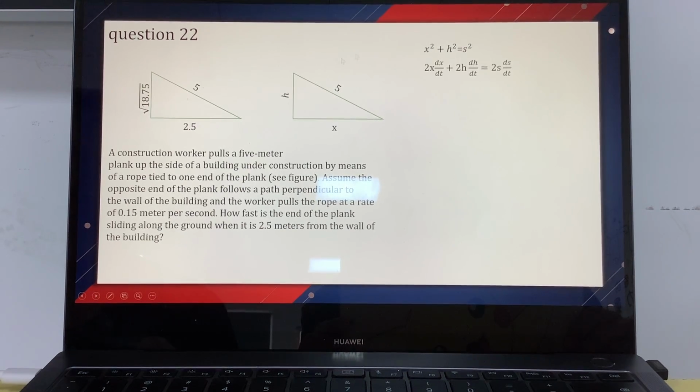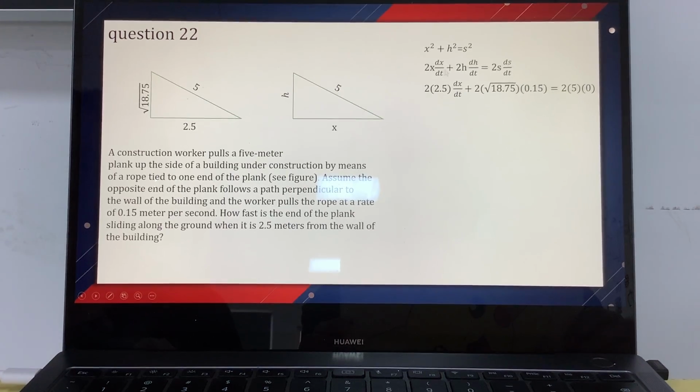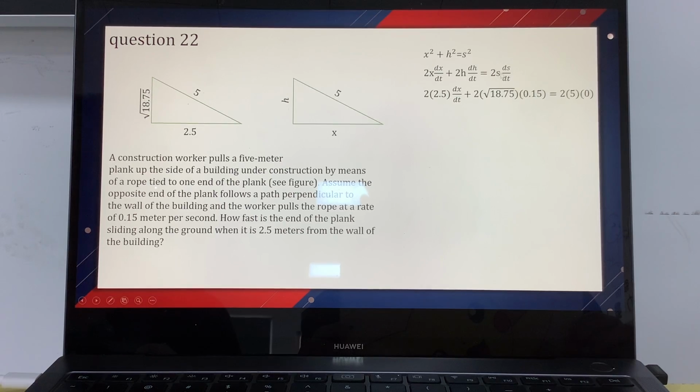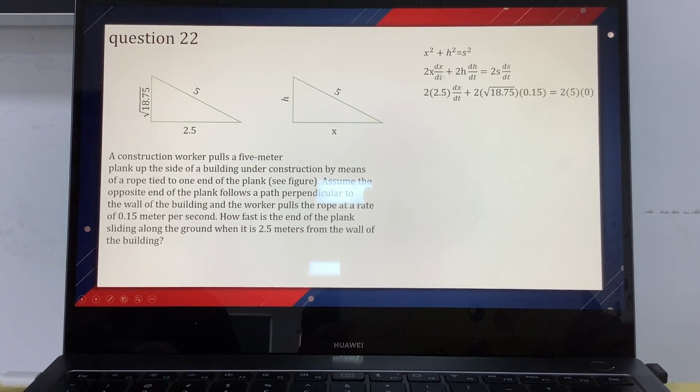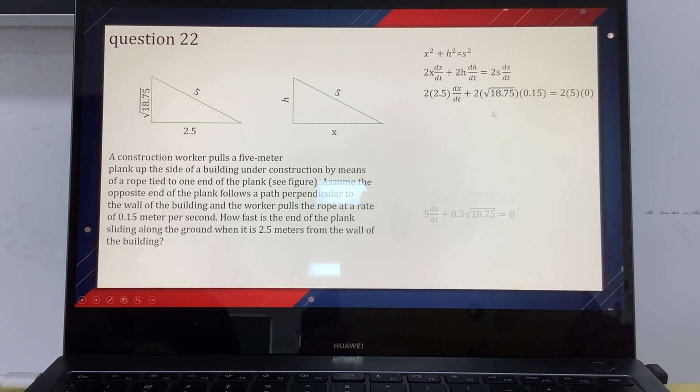And according to the picture, we can easily find that x squared plus h squared equals s squared. So here, 2x dx/dt plus 2h dh/dt equals 2s ds/dt. We just take the derivative here, and then we just replace each number into it.